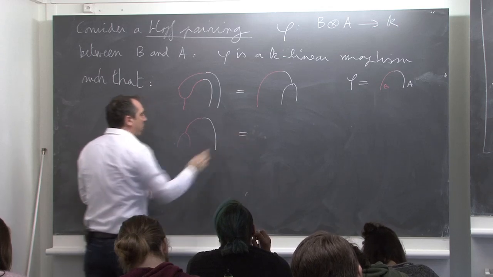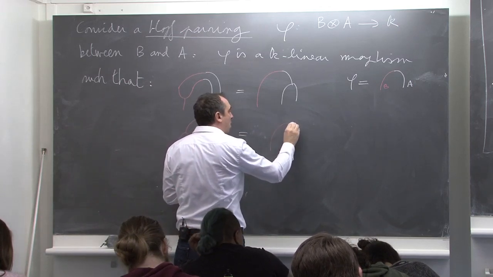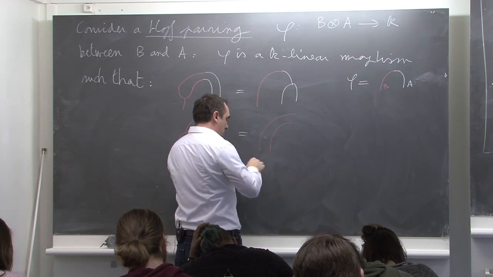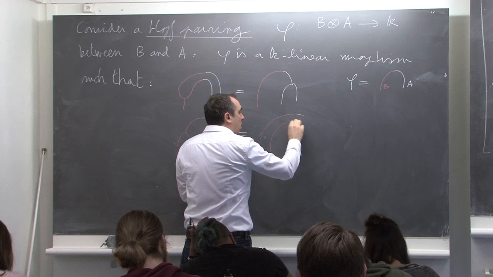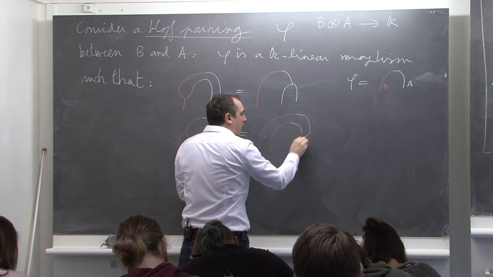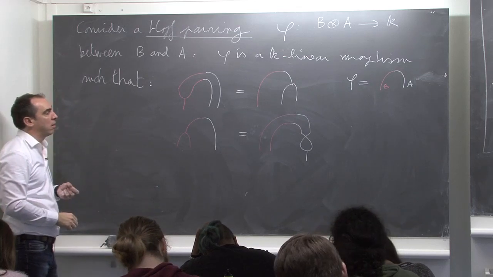I want this to be equal to this, and here I use the opposite comultiplication.